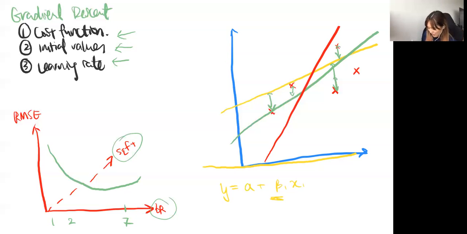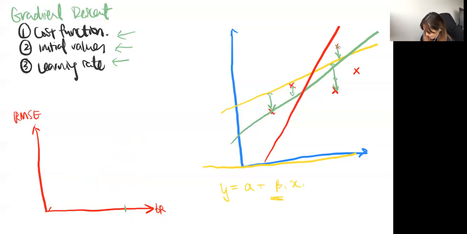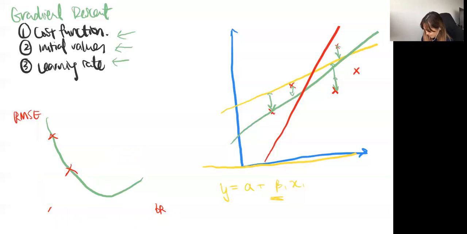Imagine if your learning rate was really big. Let's get rid of this for now. If you set your learning rate too big, and this is the cost function here, your first iteration, you have this RMSE. Your second iteration might be here. Third iteration, even though this is the best value, your third iteration might be here.